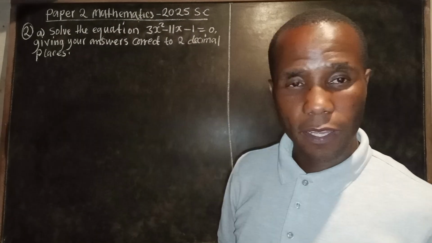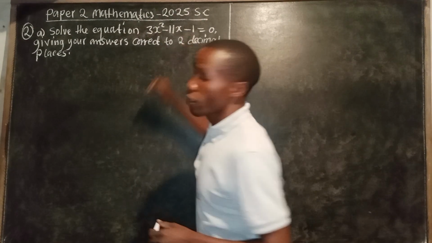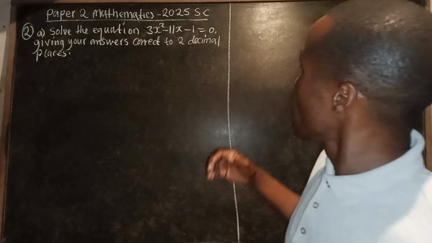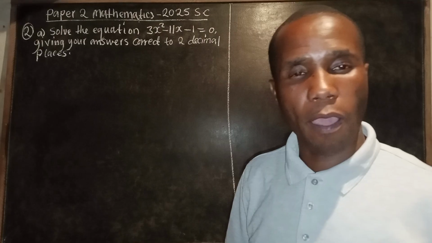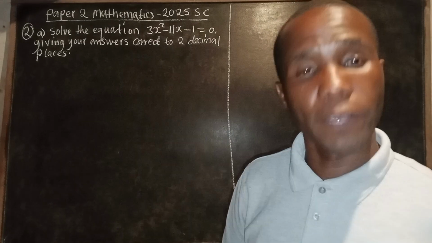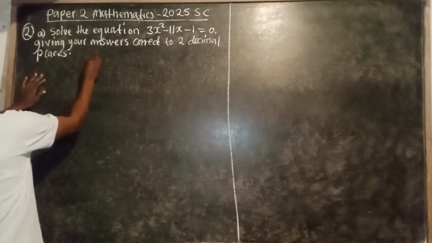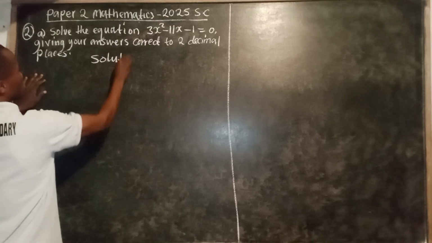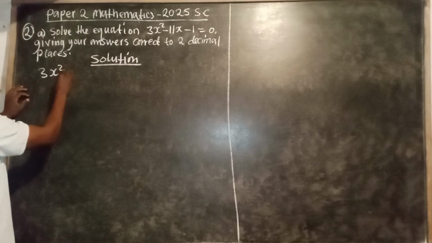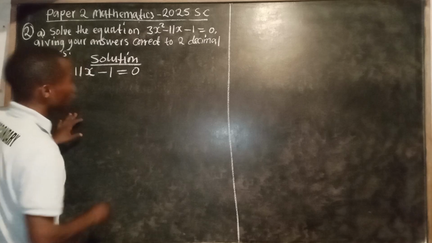In short, when you are given this kind of question, before you do anything, make sure that the term raised to power 2, in this case x, has only one coefficient. So we have 3x squared minus 11x minus 1 equals 0.